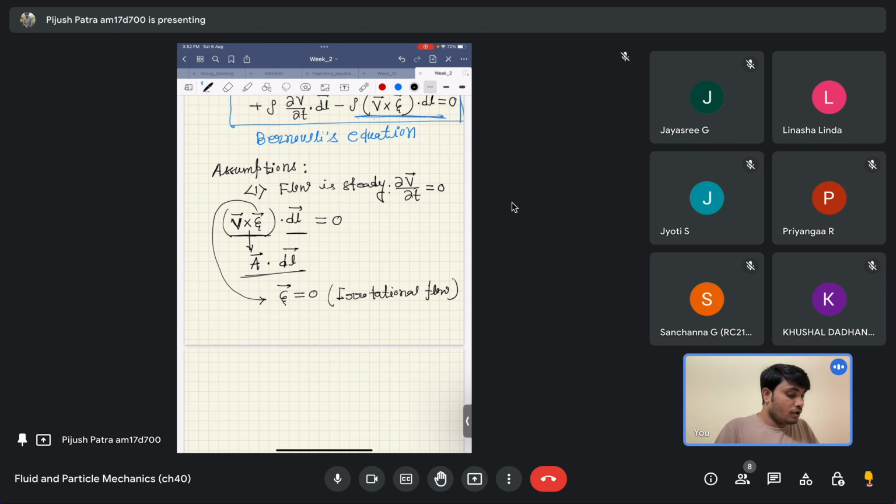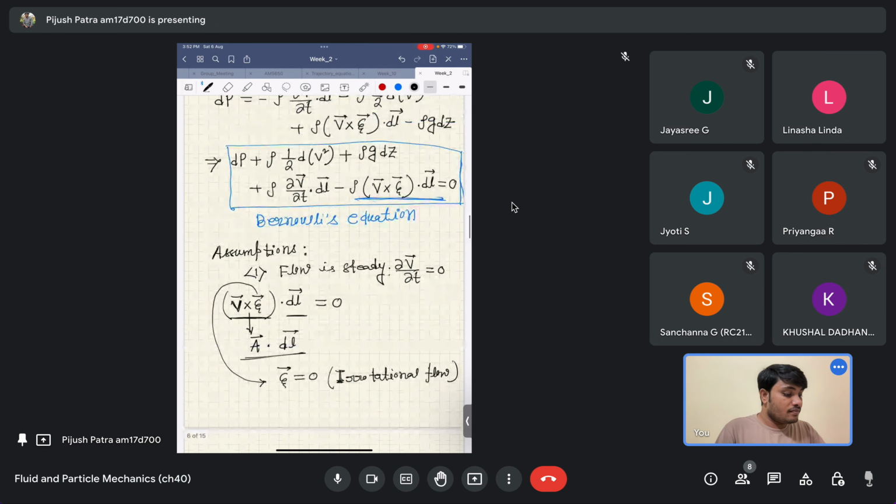So for these three circumstances, this complicated term in the Bernoulli's equation is 0, and for the steady flow this ∂V/∂t term is 0.